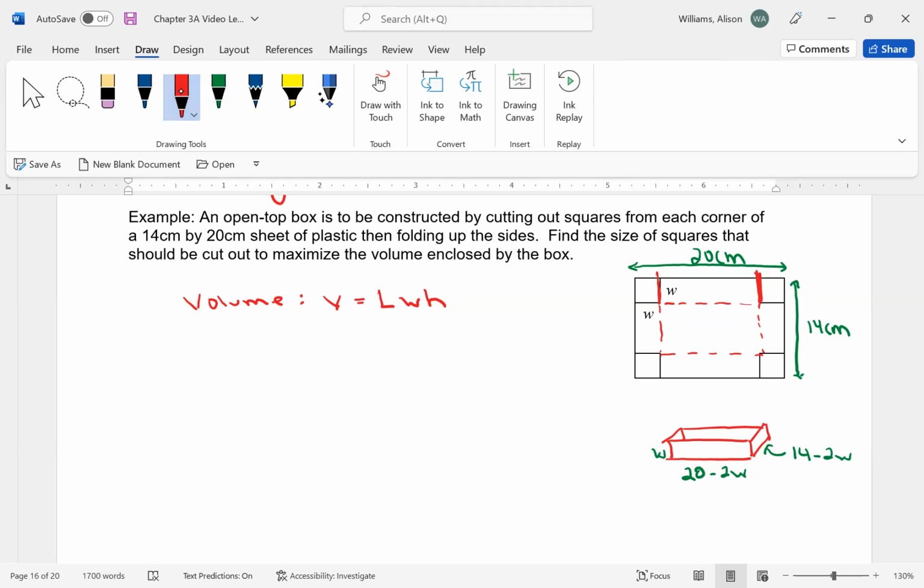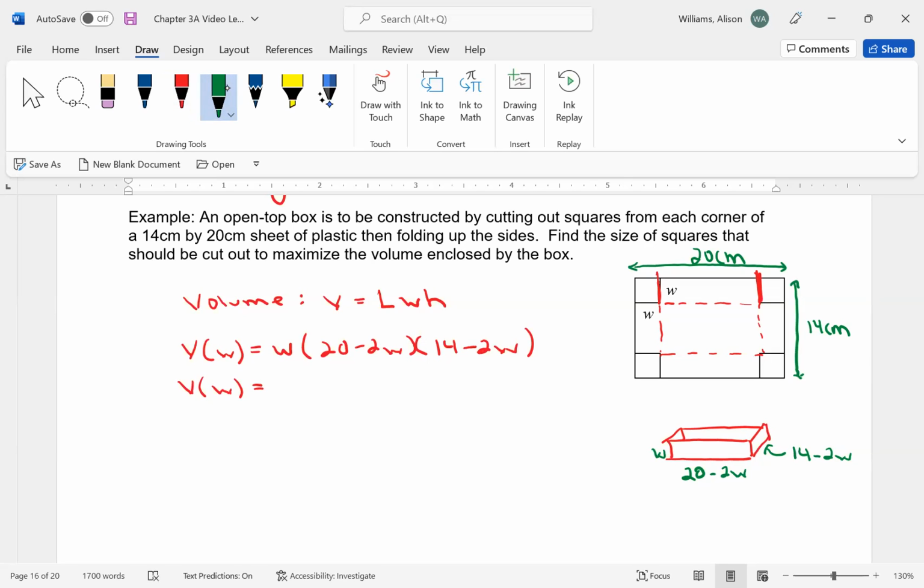So my volume, based on W, is W times (20 minus 2W) times (14 minus 2W). Let's multiply this out and come up with an equation, because I'm going to use Desmos to finish this problem.